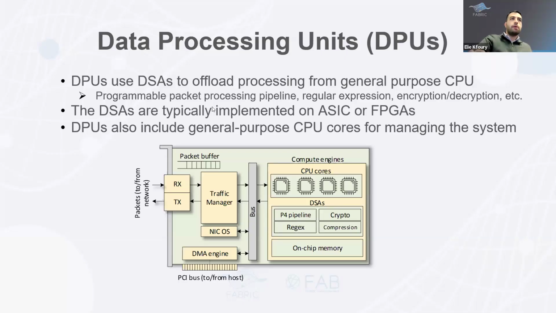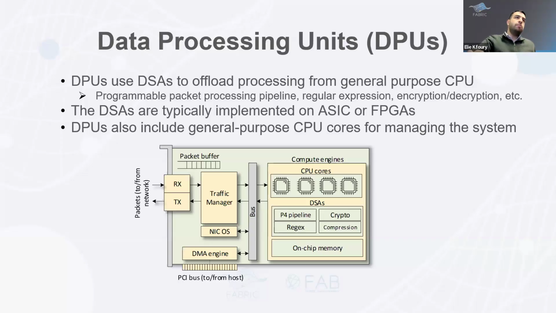You will see a programmable packet processing pipeline. Typically, this is a P4 programmable pipeline. Regular expression, if you want to accelerate regular expression matching, encryption, decryption, compression, and there are others such as DMA, RDMA, and so on. All of those are typically implemented in ASIC. Some of them are implemented in FPGAs.